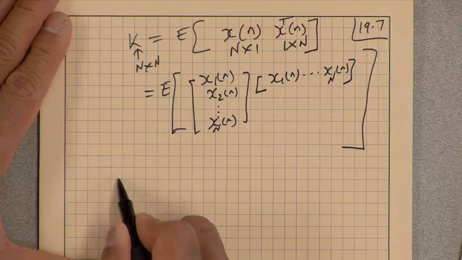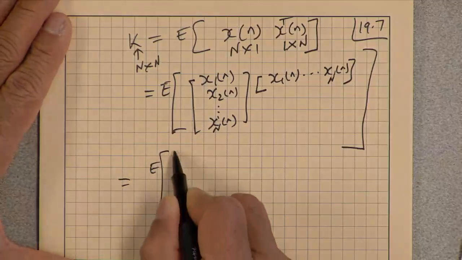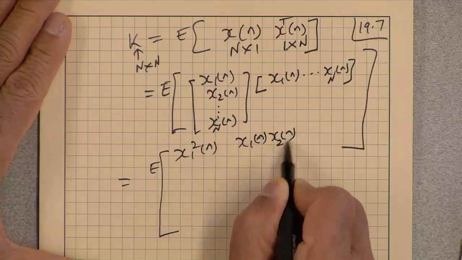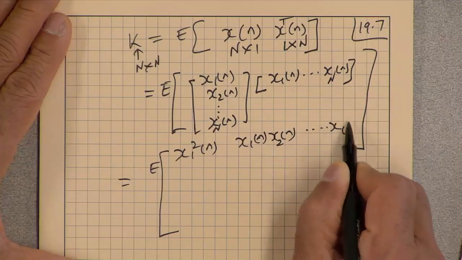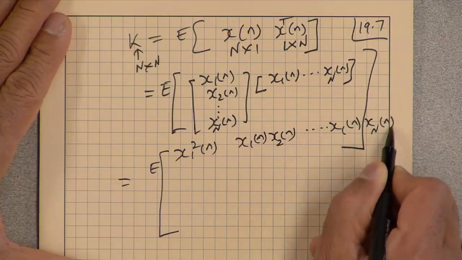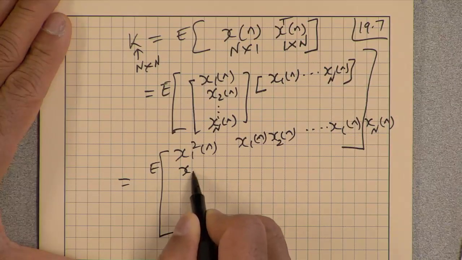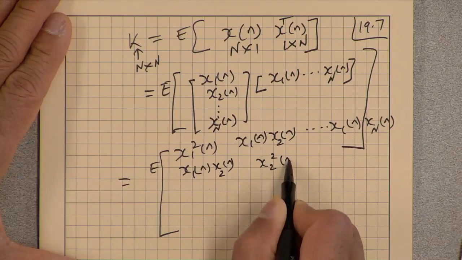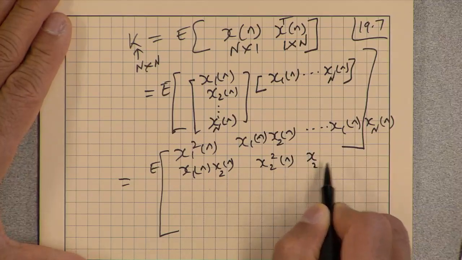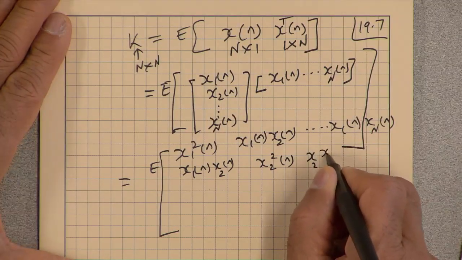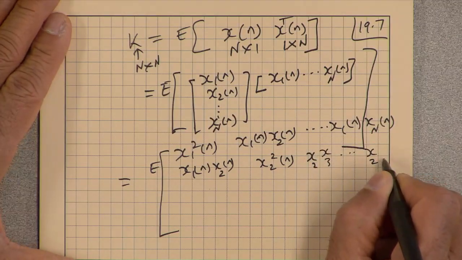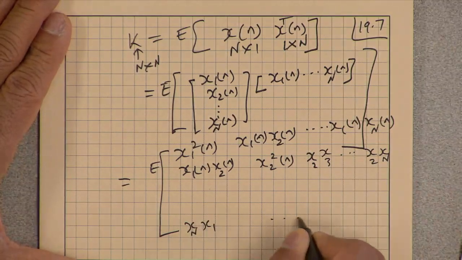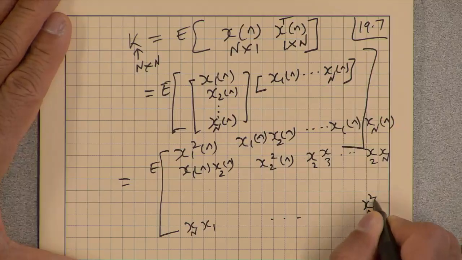That is equal to the matrix of expected values with entries x1 squared(n), x1(n)x2(n), up to x1(n)xn(n), then x2(n)x1(n), x2 squared(n), and so on, and finally xn(n)x1(n) up to xn squared(n).